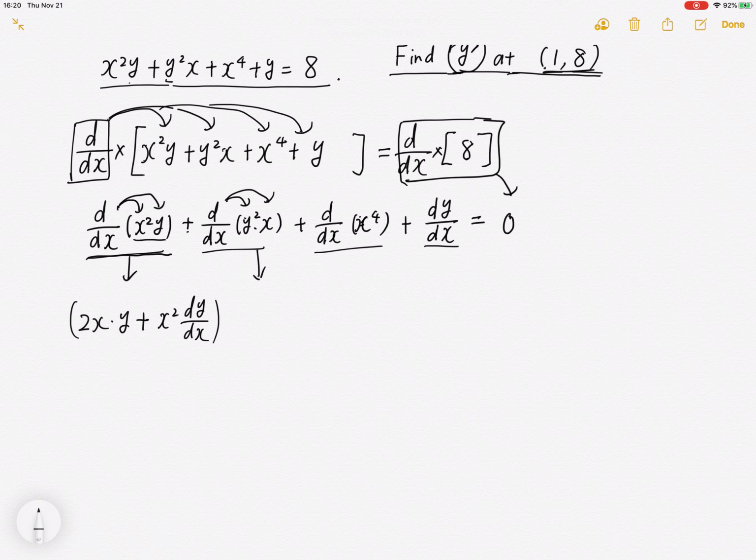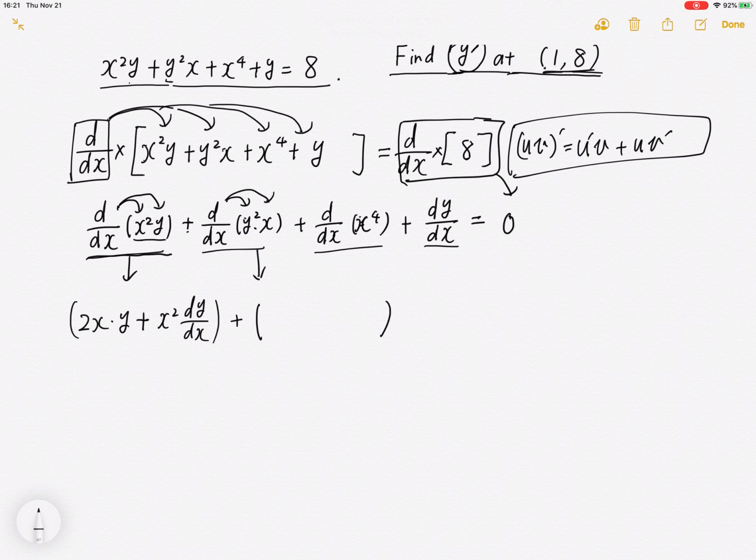Product function, you remember? The product rule is u'v plus uv'. I'm just applying this rule on each term. The second term will become like this inside this parenthesis. First, you take a derivative with respect to x of y squared, so 2y pops out.